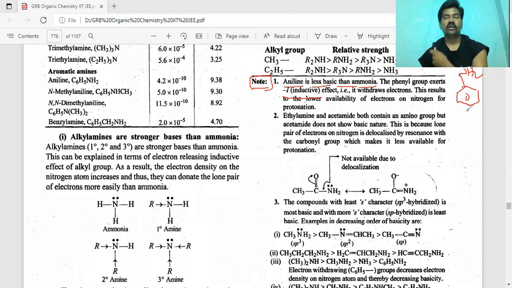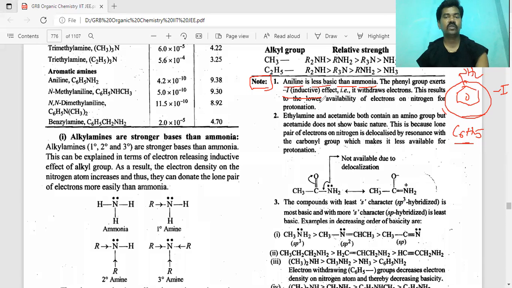But here, this is an aromatic amine, aniline. This phenyl group, C6H5, has a minus I, negative inductive effect. So it will pull the electrons from nitrogen.